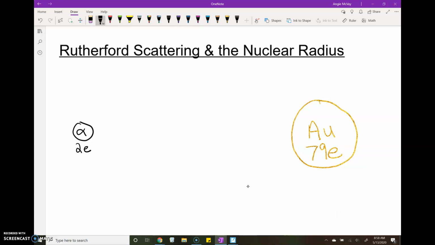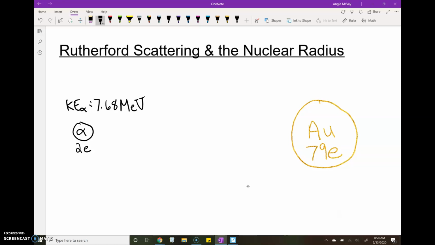Okay, the alpha particle, at the beginning of its motion as it was shot towards the gold, had a kinetic energy of 7.68 mega electron volts.